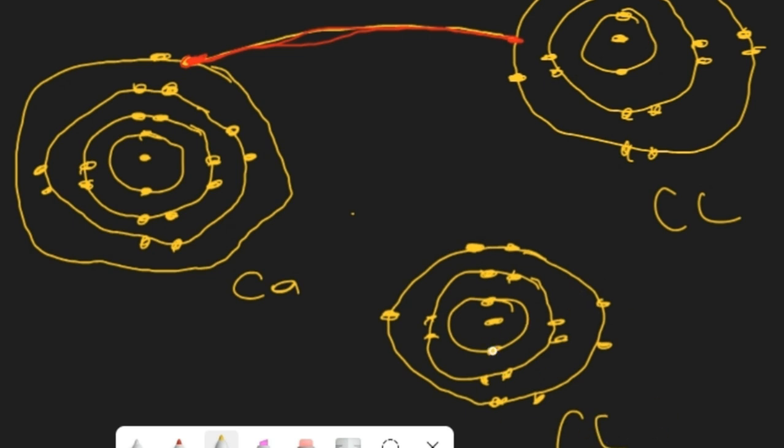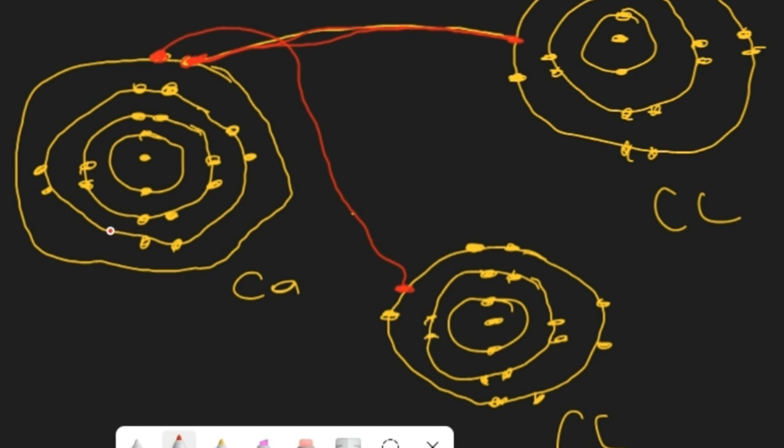Then this second chlorine atom will receive the other electron. So this is the second electron remaining from the calcium atom, and the electron will come from calcium and go to this chlorine atom. So you can see it.